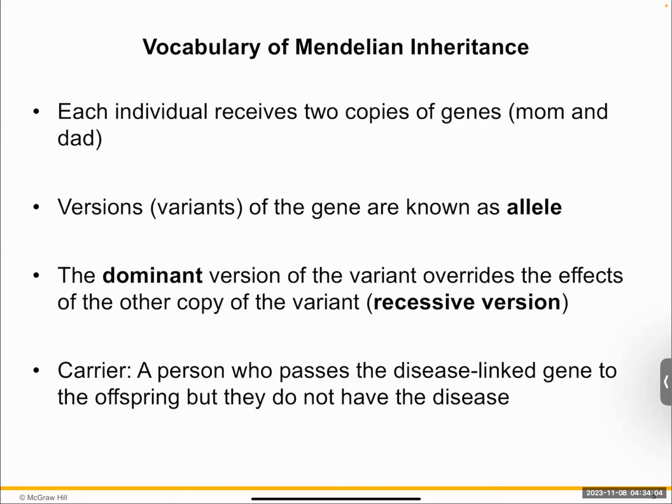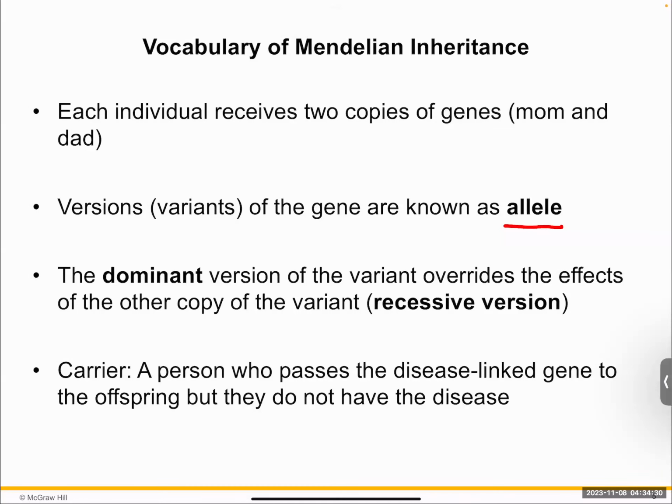One comes from your mom and the other one comes from your dad. And basically every gene on the genome of that person has two copies. Now, the variations on those genes are identified as alleles. So anytime I use the word alleles, we're basically talking about variations within the same gene.